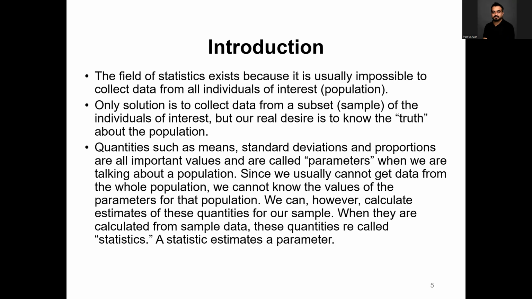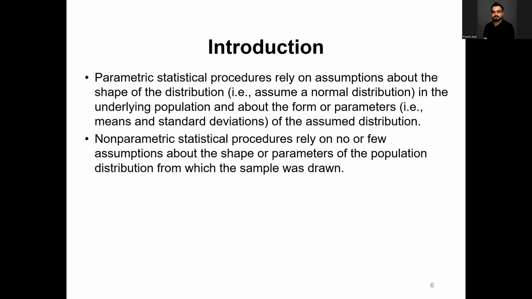So parameters are values like means, standard deviations, proportions. When we are talking about the population, it's called parameters. But when I measure values like mean, standard deviation, and all other types of quantities from a sample, it's called statistics.